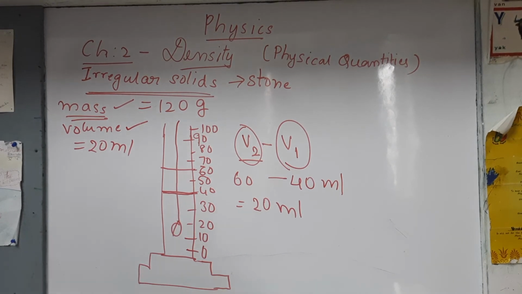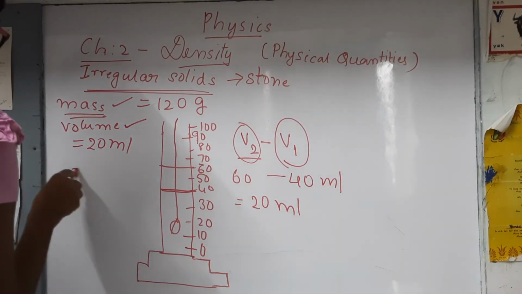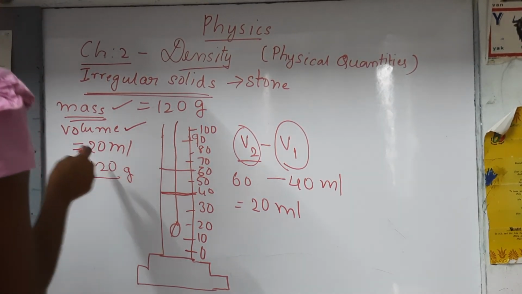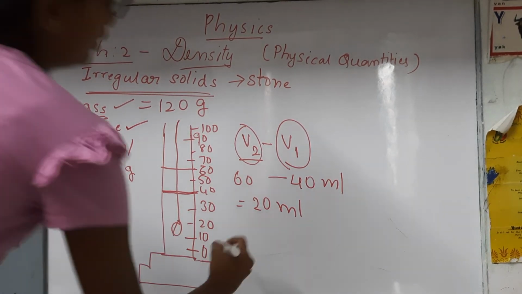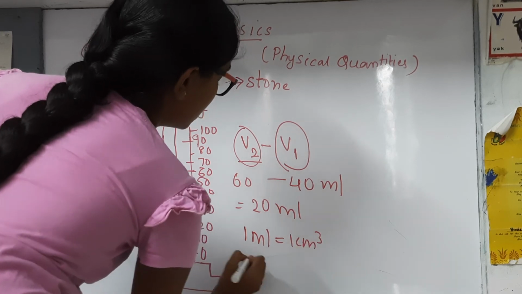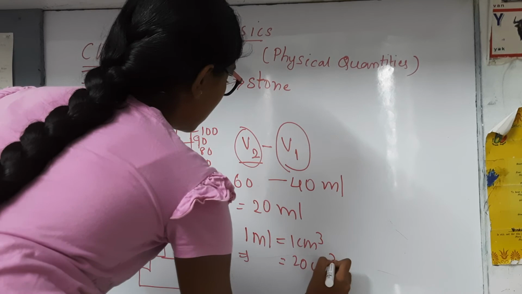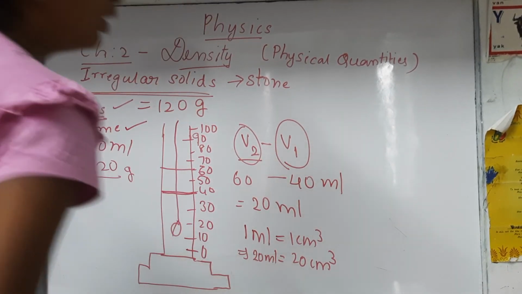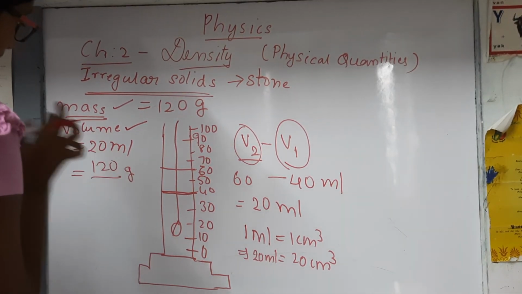With that you can find the density. Density is mass by volume, so 120 grams by volume. One more thing to notice: 1 ml is equal to 1 centimeter cube, so 20 ml is equal to 20 centimeter cube.